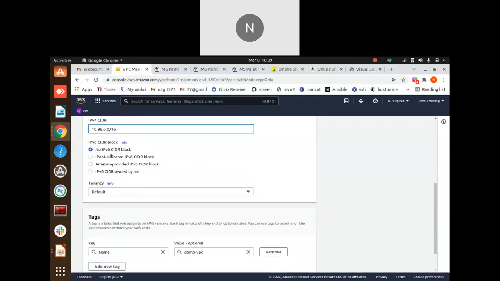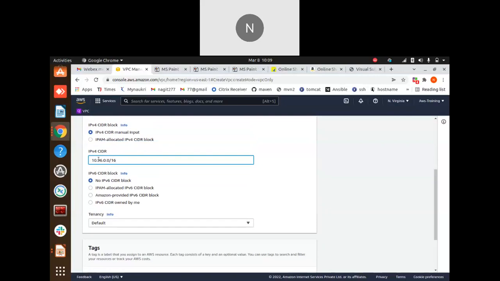Just choose IPv4 and don't look for IPv6.